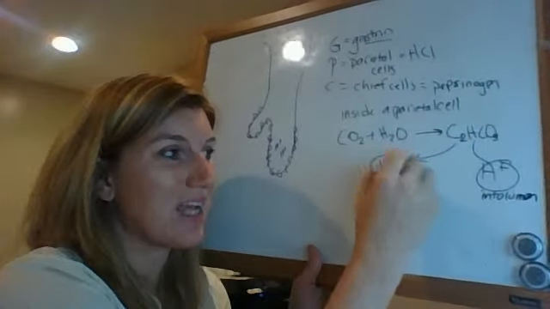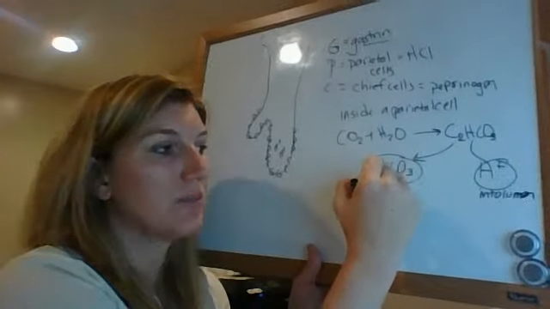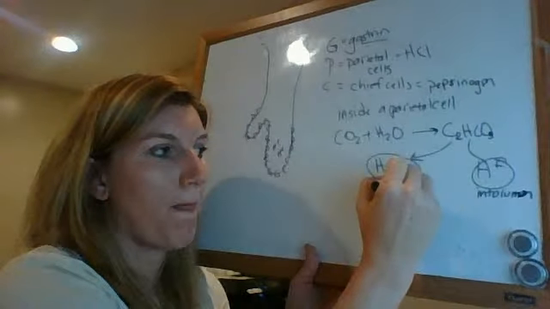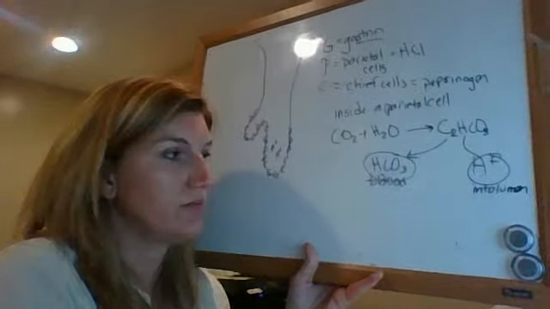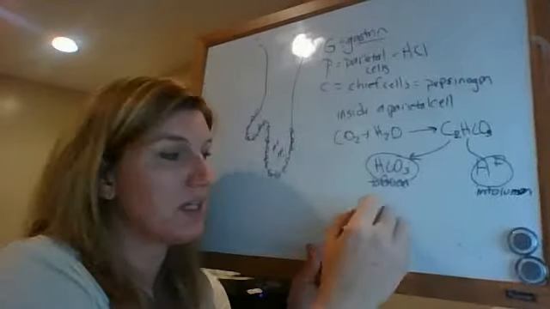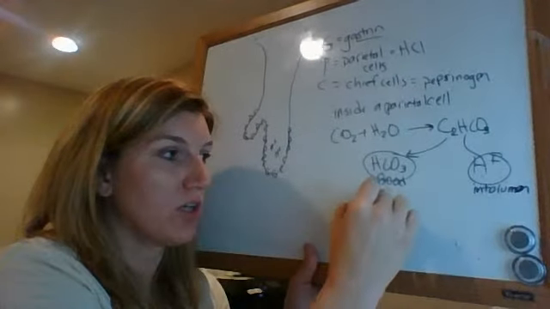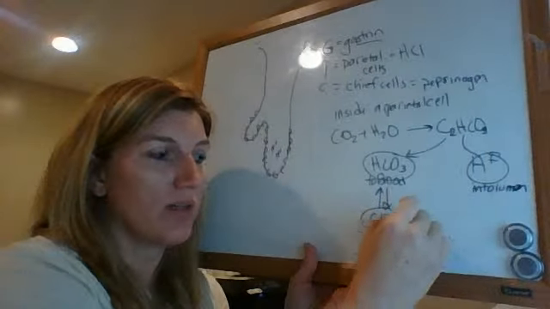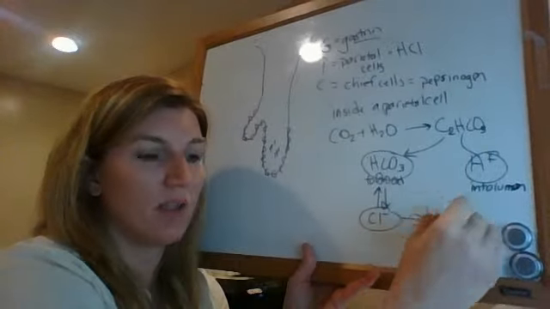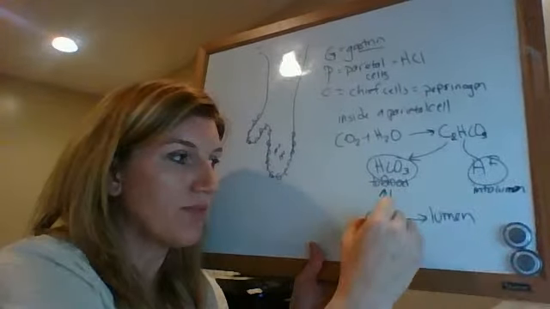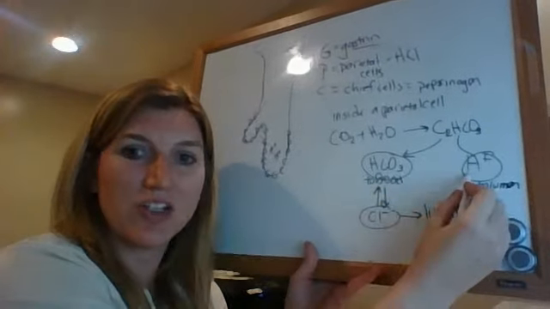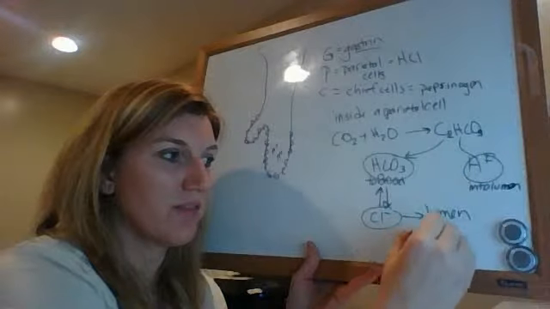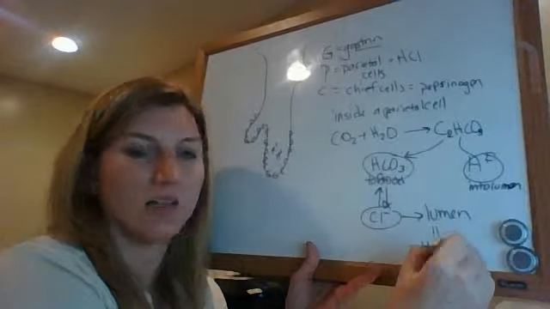So this guy is going to go out into the blood, and guess what? He is being exchanged for chloride. Well, this chloride then goes to the lumen, and guess what? If we have Cl in the lumen and hydrogen in the lumen, that's going to give us HCl.